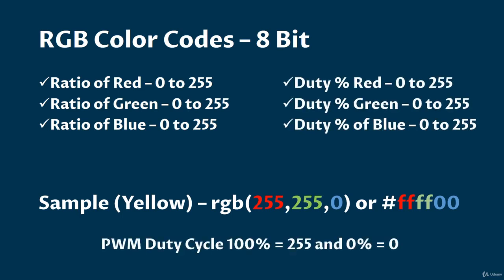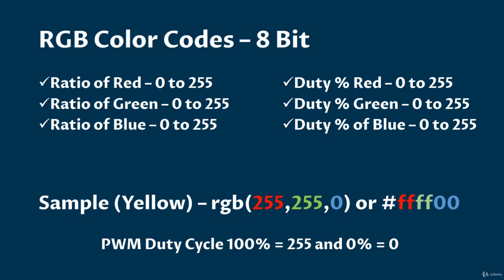So if I mention the yellow color in ratio, then it becomes 255, that represents 100%. Then 255, it's also 100% for green, and 0 means blue. See, I have marked these in different colors.